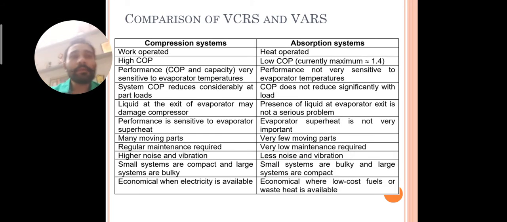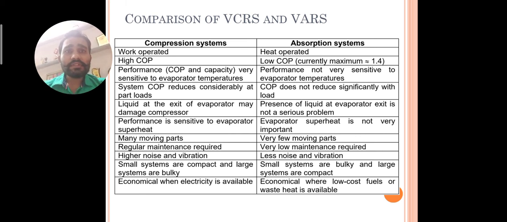Now let us compare VCRS and VARS. It is a very common thing that we supply work to the compression system and heat to the absorption system. Compression systems, however, have a high COP, and absorption systems unfortunately have a very low COP, which is currently a maximum of 1.4, as reported.